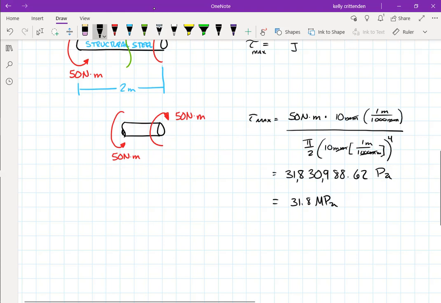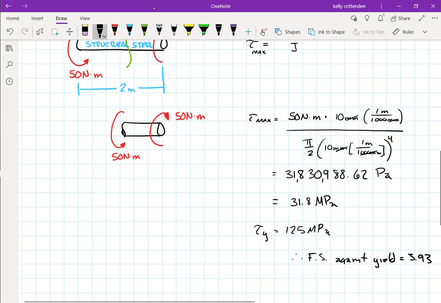So tau, that's the yielding shear strength, 125 megapascals. So therefore, factor of safety against yielding is 125 divided by 31.8, 3.93. So we're plenty safe there.